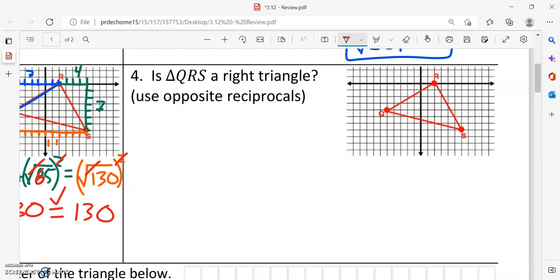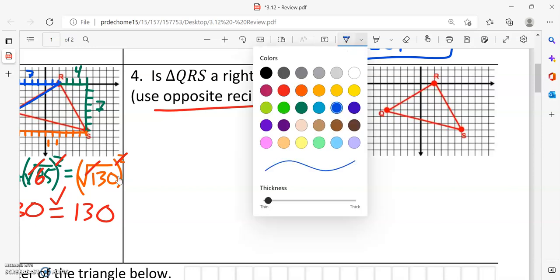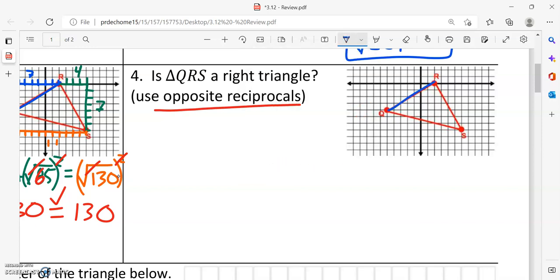All right, this one, it's asking us to use opposite reciprocals, which means we're going to check the slope of both lines. So we're going to check the slope of this line and this line. So from Q to R, we're going up 1, 2, 3, 4, and over 7. So rise over run is 4/7. And then from R to S, we'll run up from S. So 1, 2, 3, 4, 5, 6, 7 up.